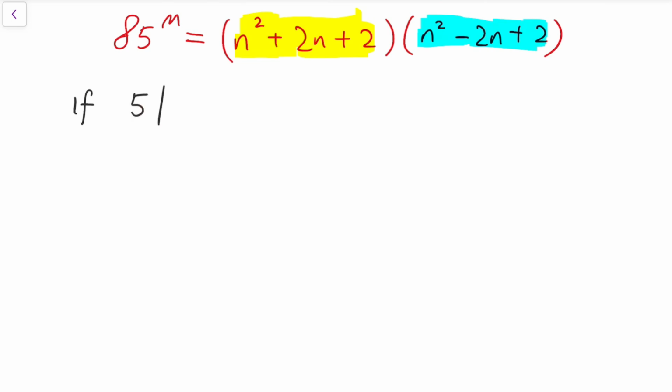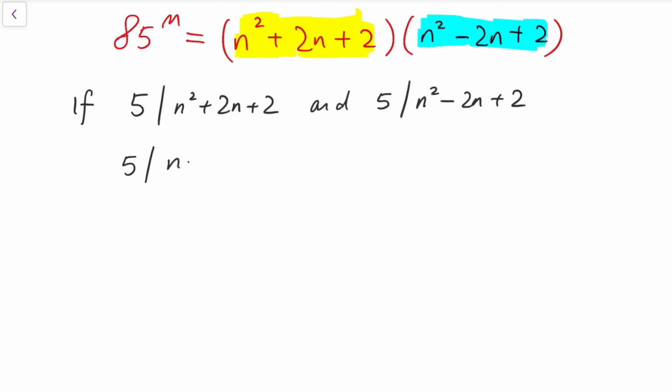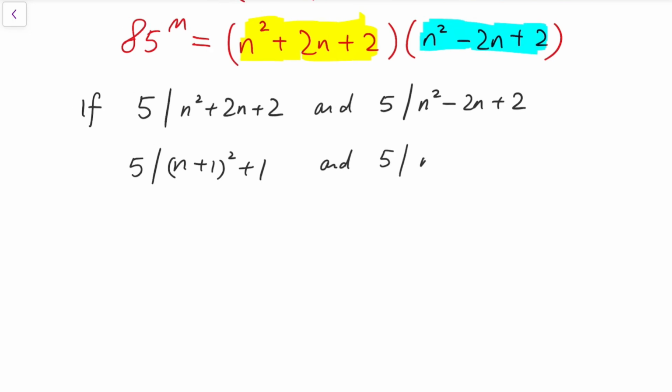If 5 divides both n squared plus 2n plus 2 and n squared minus 2n plus 2, then by rewriting the two expressions into n plus 1 all squared plus 1 and n minus 1 all squared plus 1, we'll find out that these two relations give different outcomes on the remainder when n is divided by 5.